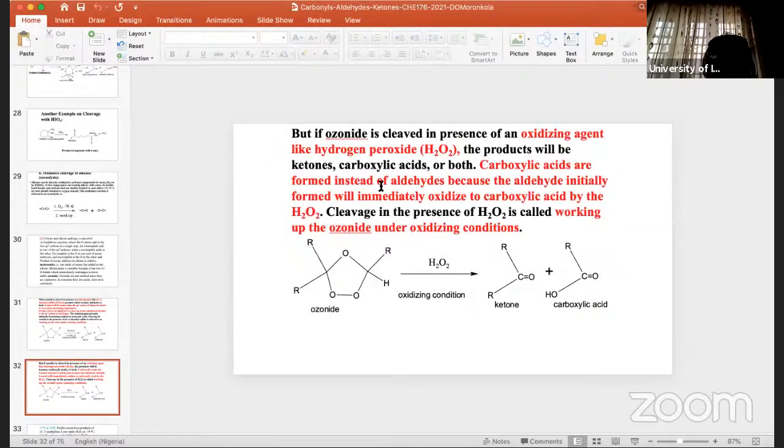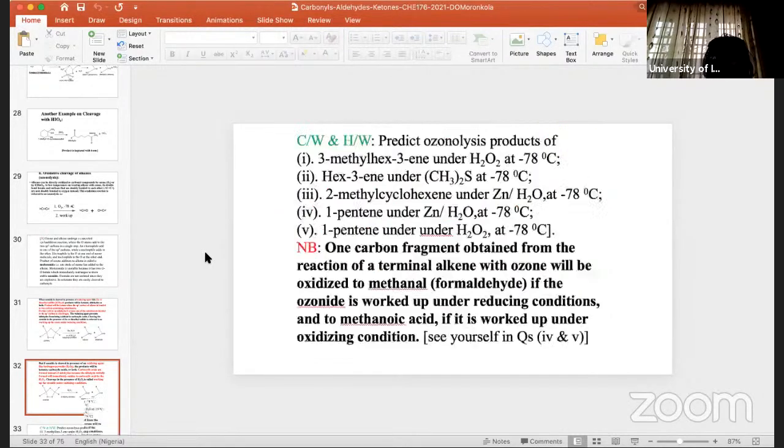The reason is that carboxylic acids are formed instead of aldehydes, because the aldehyde that is first formed will immediately oxidize further to the carboxylic acid in the presence of this H2O2 oxidizing condition. So cleavage in the presence of hydrogen peroxide is called working up the ozonide under oxidizing condition. Please take note of that as good chemistry students. Those are good chemistry you are learning from here.